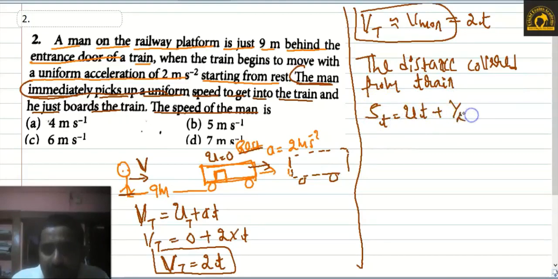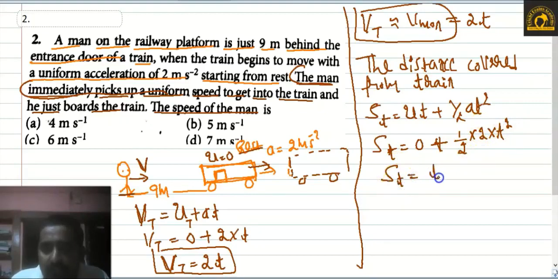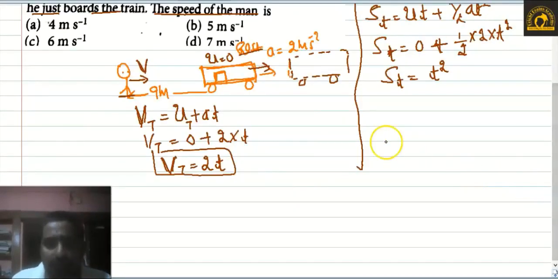This is the formula. So the distance is equal to 0 plus half into 2 into t squared. The 2 cancels, so the distance traveled by the train is equal to t squared.